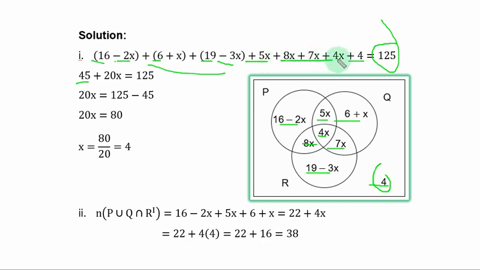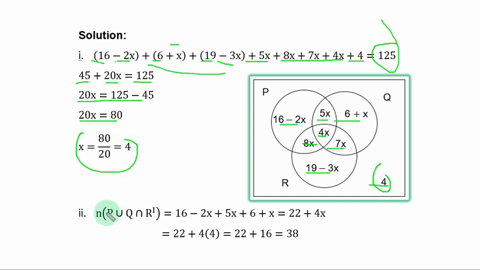If you add these 3, you have 19s plus s. That is 20s equal to 125. Collect like terms. 20s equal to 125 minus 45. 20s equal to 80. To get s, divide both sides by 20, and s is equal to 4.